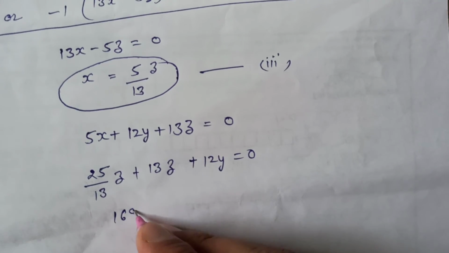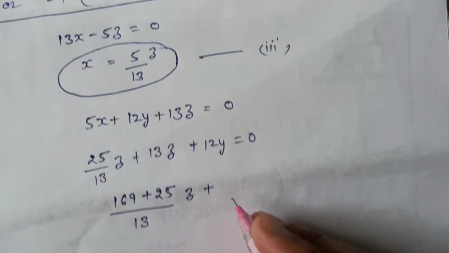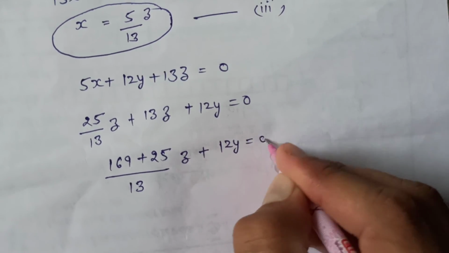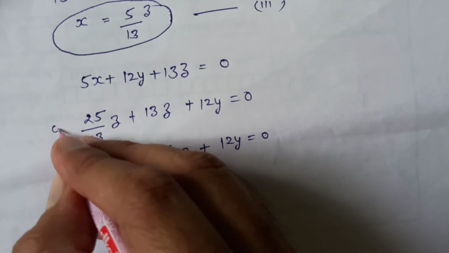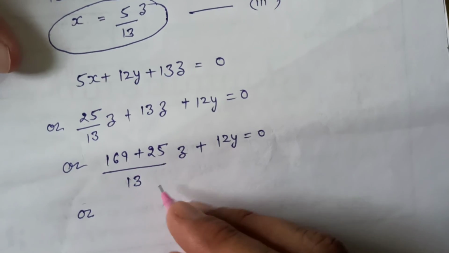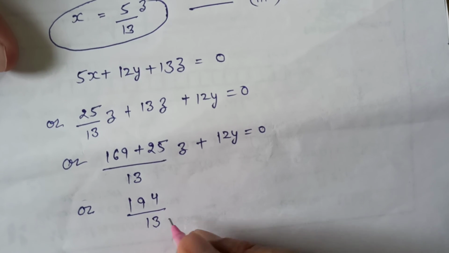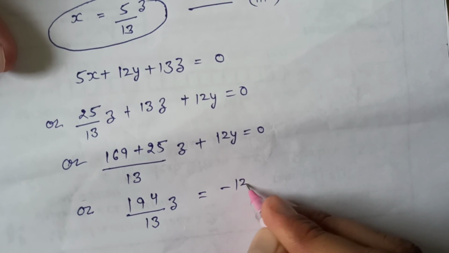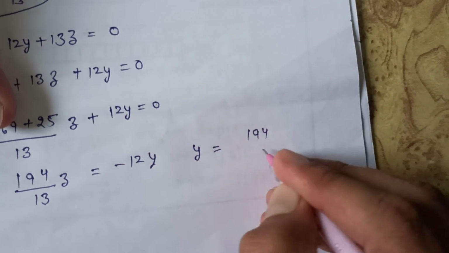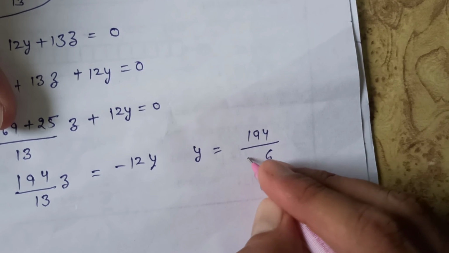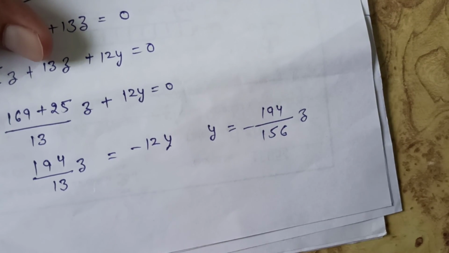That is, (169 plus 25) by 13 z plus 12y is equal to 0, or 194 by 13 z is equal to minus 12y, or y will be equal to minus 194 by 156 z.